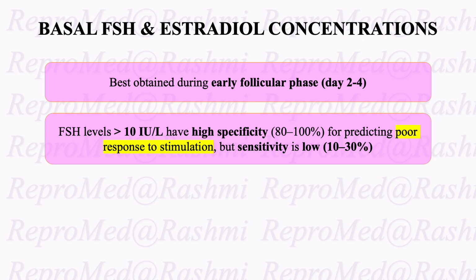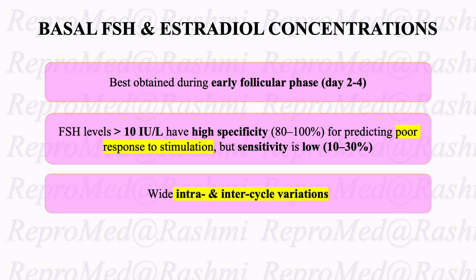Because, as we already discussed in our previous video, as the cohort of the remaining pool of follicles starts decreasing, there is a decrease in inhibin, and when inhibin decreases, there is decreased feedback inhibition on the FSH, which will lead to an increase in the FSH. So lesser follicles, lesser inhibin, more FSH. So as FSH increases, it shows indirectly that the follicular pool is less.